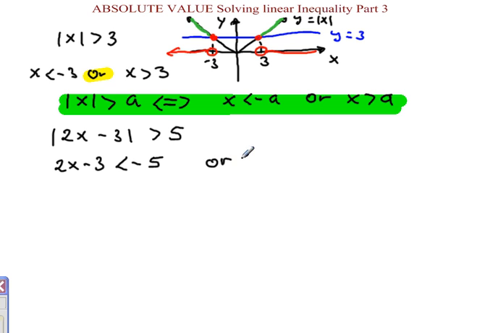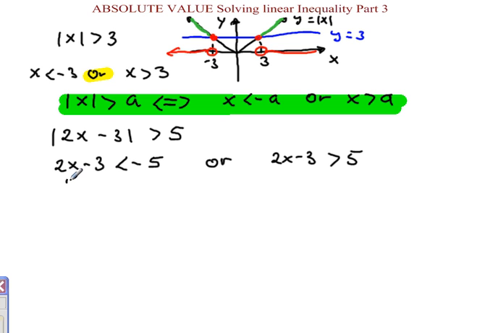Or simultaneously you solve the second inequality. Whatever goes inside of the absolute value, our x is 2x minus 3, is greater than a, so it's greater than 5. So you're finding the solution for this inequality and for that inequality.